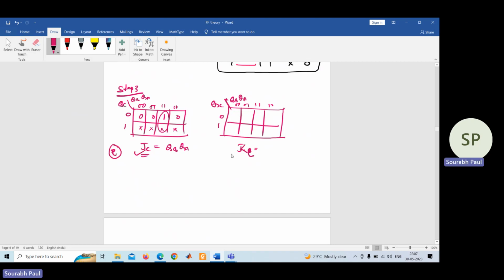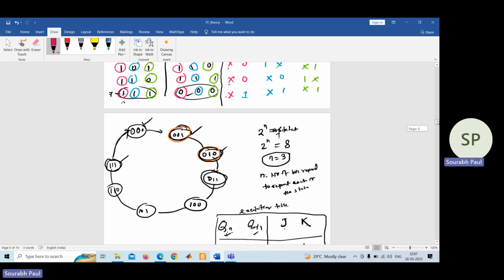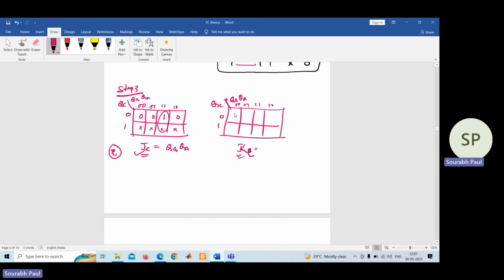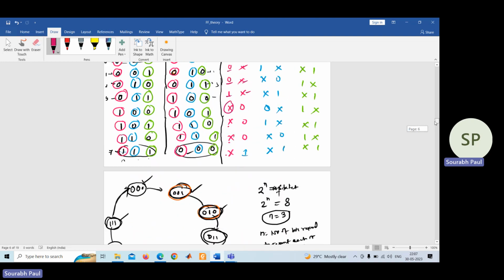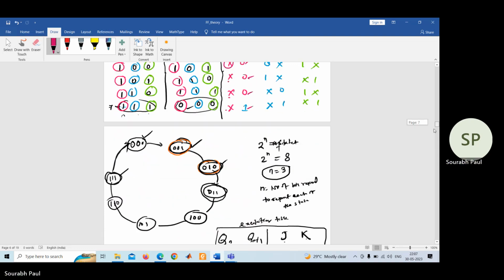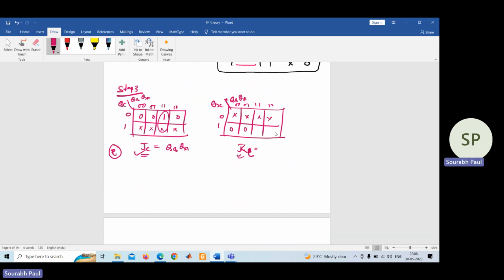JC I already found out, now I need to find out KC. You have QC, QB, and QA. See the KC values: don't care, don't care, don't care, don't care. Put it, don't care, don't care. Then you have 0, 0, 0, 0, 0, 0, 0, 1. This procedure we need to follow according to K-map. If you make the group of this one, what are we getting? QB QA.